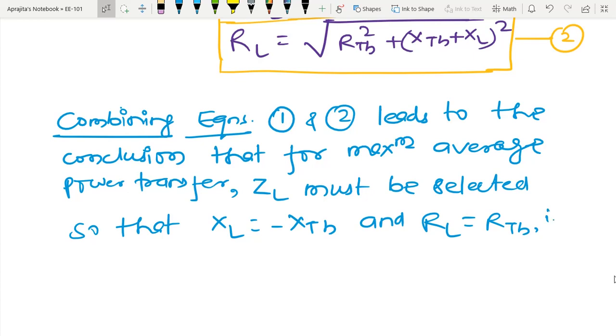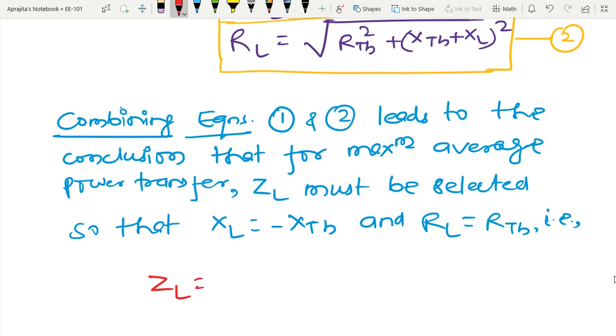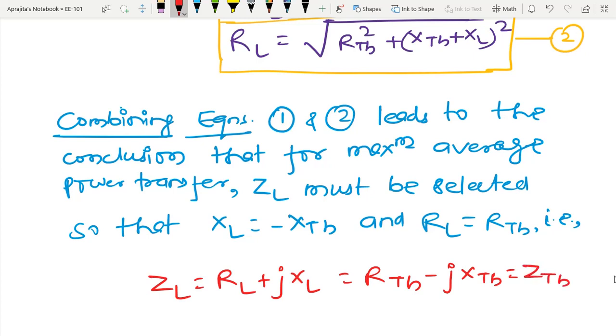After combining these two, I can rewrite the expression like this: ZL equal to RL plus jXL, where RL is equal to RTH, Thevenin's resistance, minus jXTH. So this whole quantity is the complex conjugate of the Thevenin impedance. That is our conclusion.